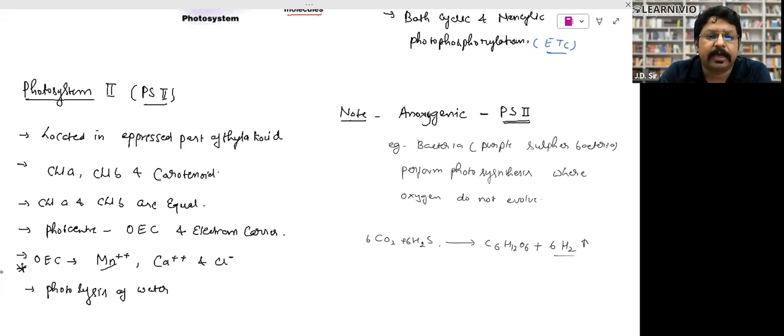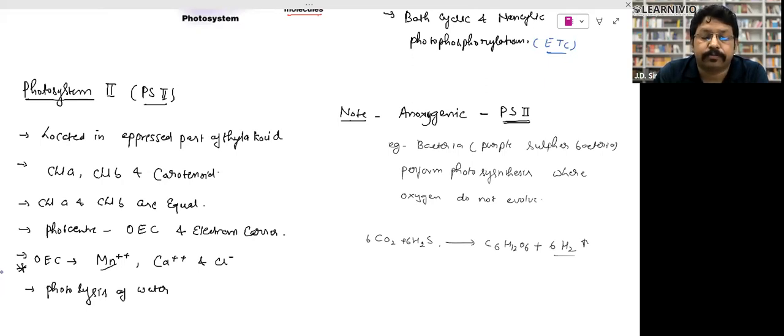Only PS2 is involved. Here, the electron donor is the H2S molecule. That is a question. If you want, you can underline. Here, the electron donor is the H2S molecule, not water.